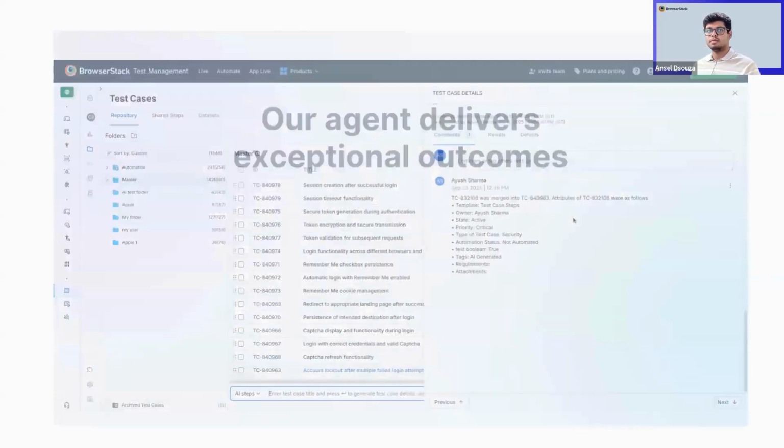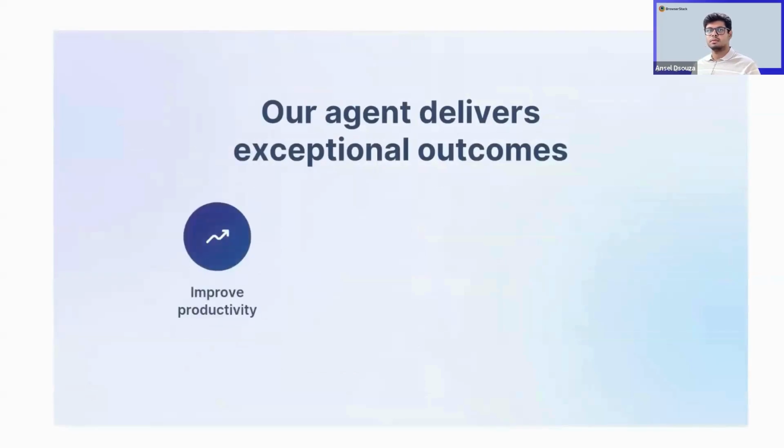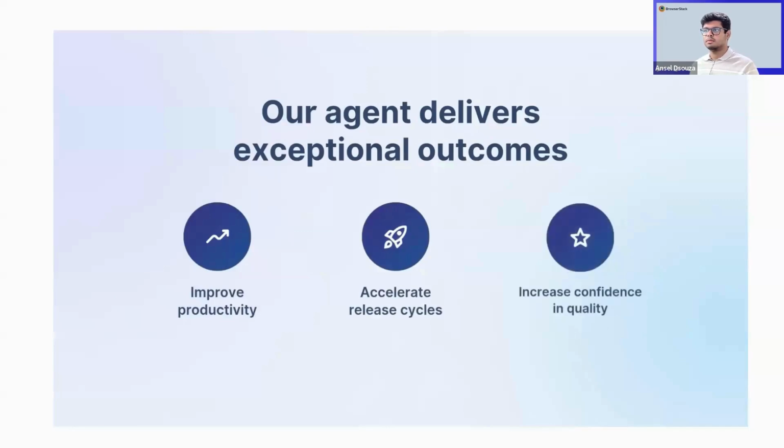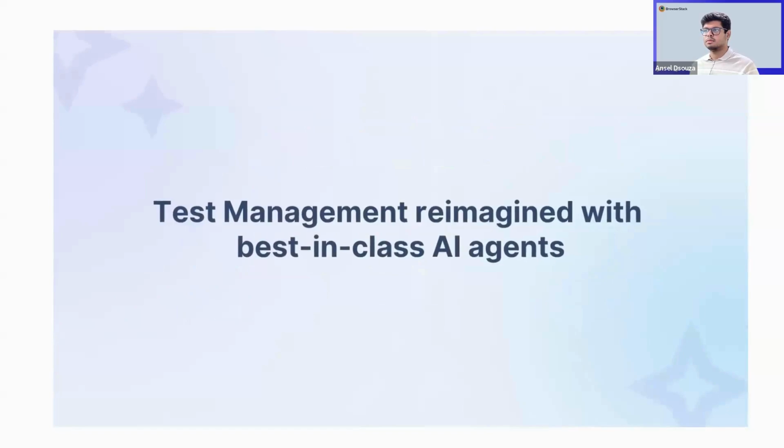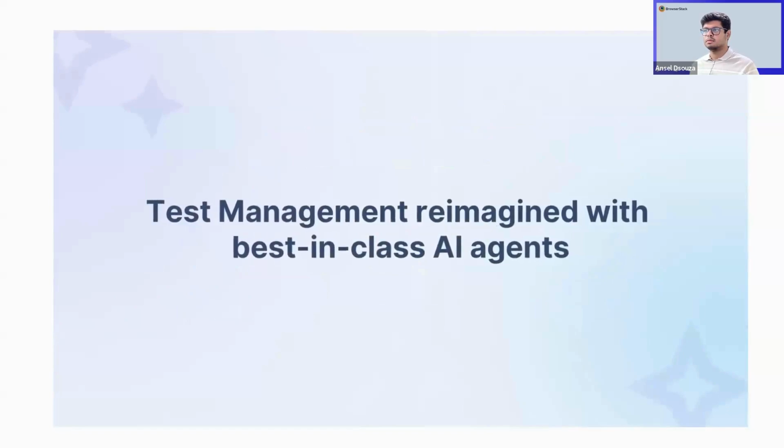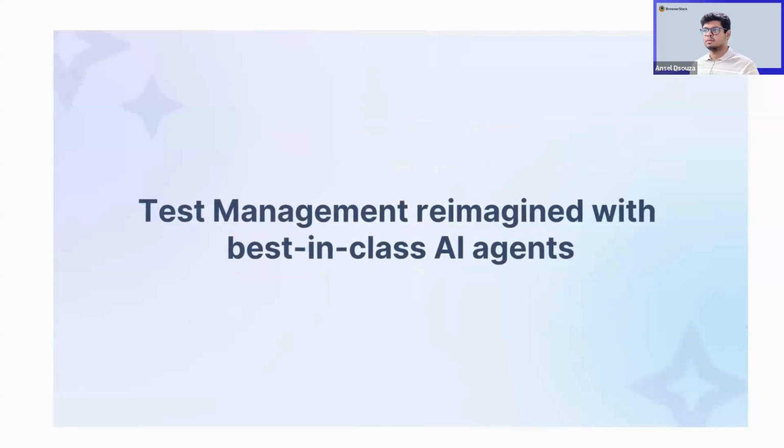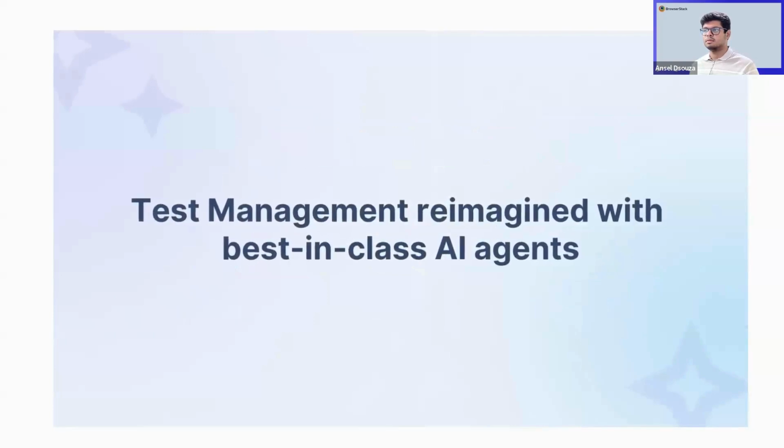The test deduplication agent helps you boost QA productivity by eliminating the need to write and maintain redundant test cases. Accelerate release cycles with an efficient test suite leading to faster test execution times. Increase confidence in quality by providing accurate coverage metrics and a reliable test suite. BrowserStack has reimagined test management with best-in-class AI agents for test planning, creation, execution, validation, and maintenance.